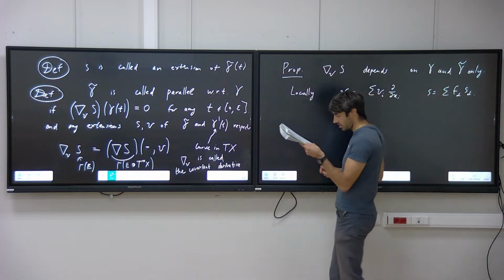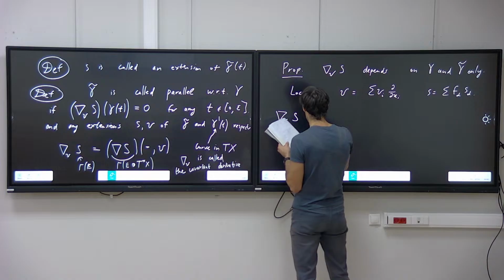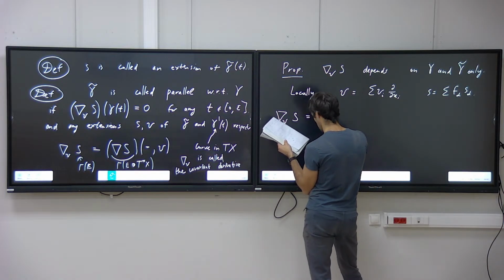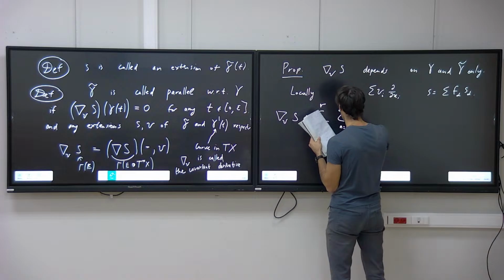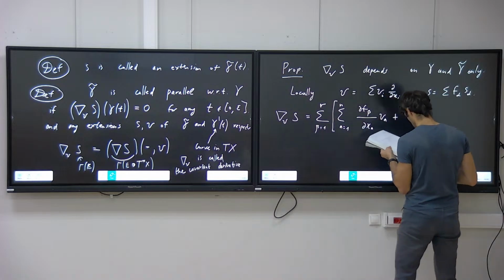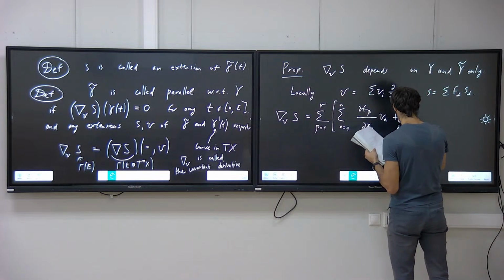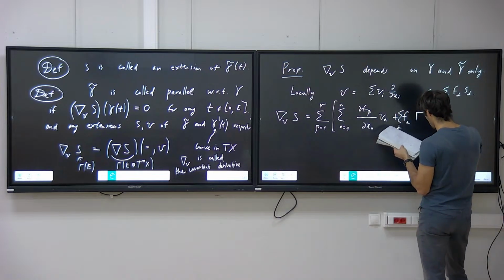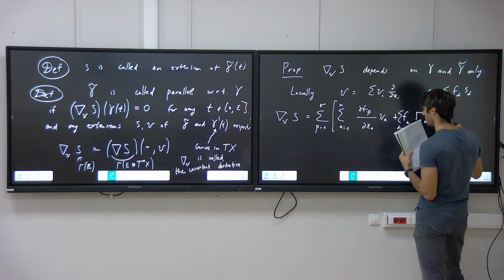Then I can write what is nabla_V S. Just an answer: it's the sum over beta from 1 to r, sum over a from 1 to n, of df^beta over dx^a V^a, plus, again the sum over alpha, f^alpha gamma^beta_alpha a, V^a, S_beta.